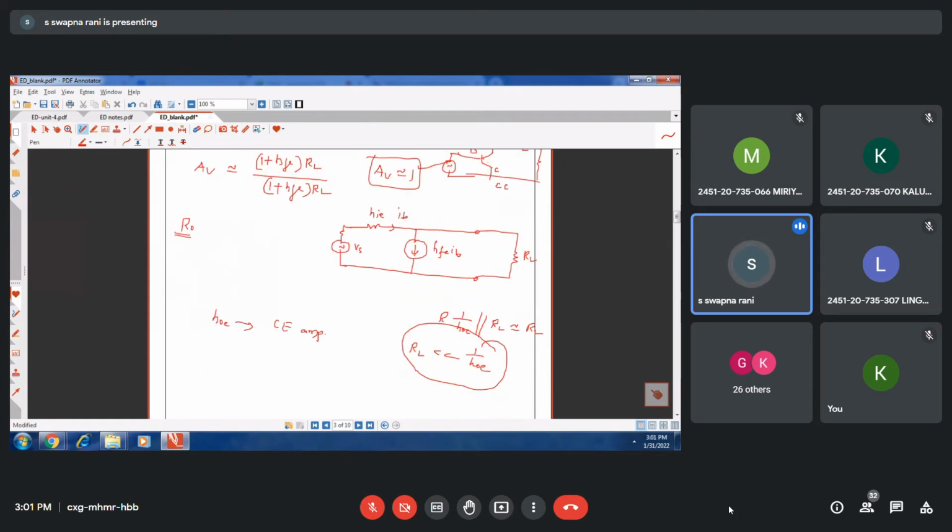If you take the typical values of HOE, we have parameter equations and parameter values, HOC, HOB, HOE.